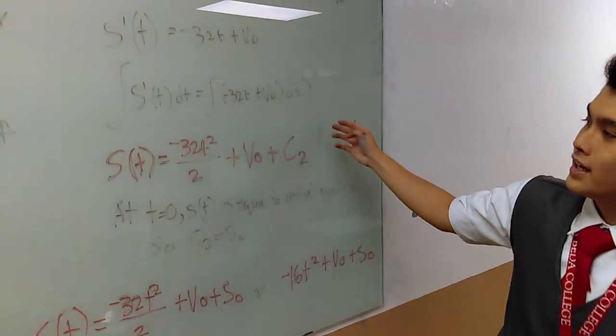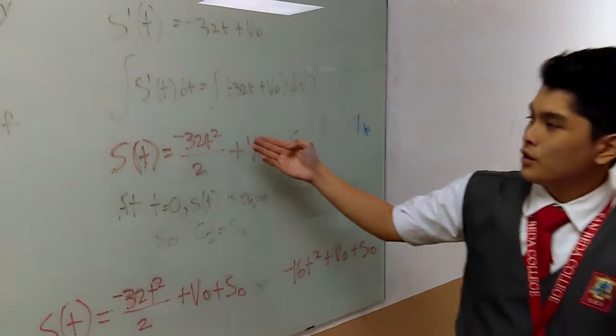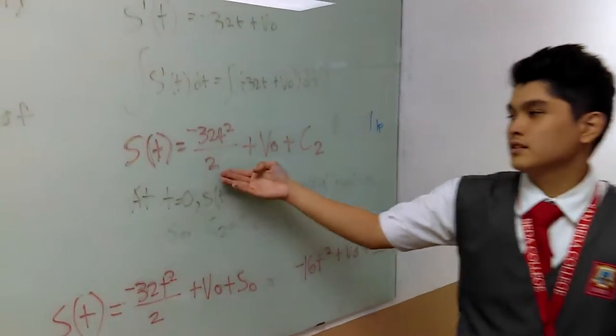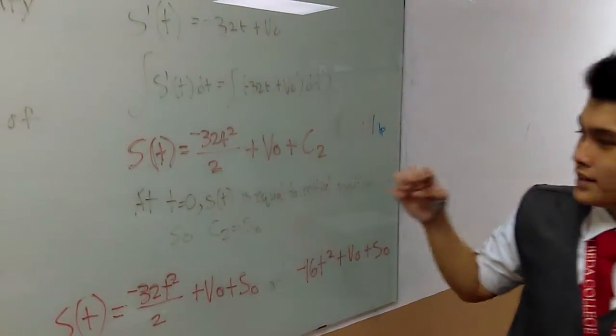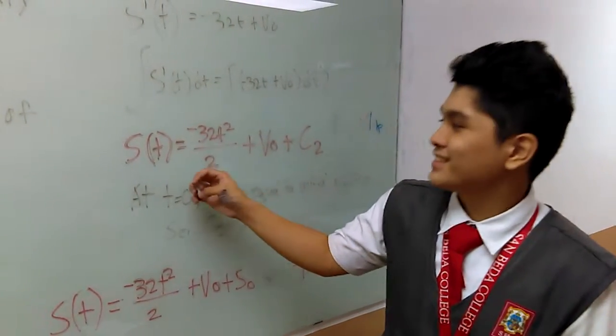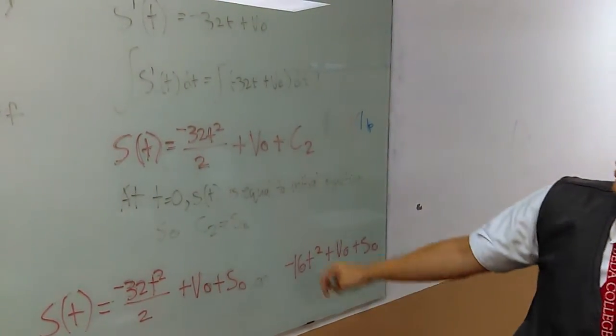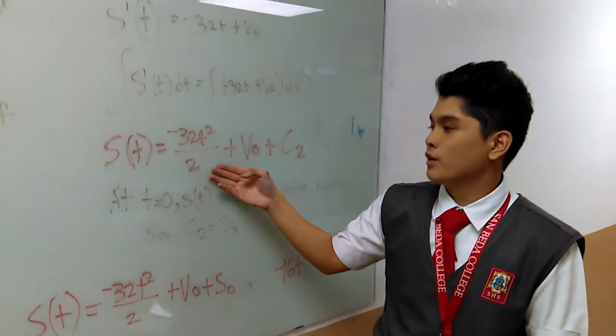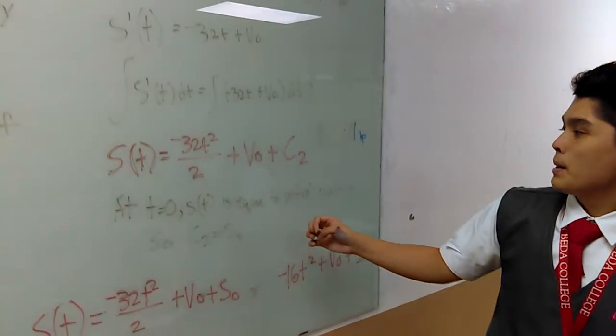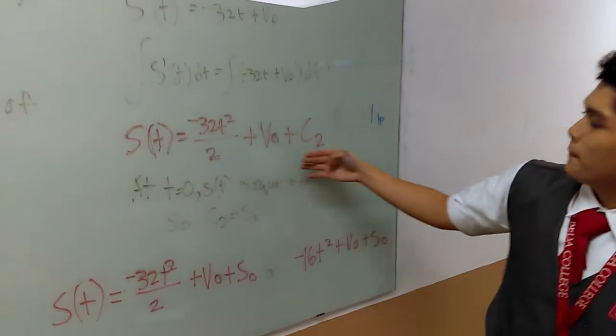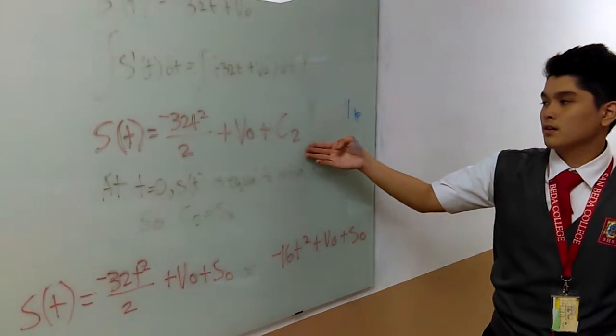Again, if we integrate both sides, we will result in this. The distance is equal to negative 32t squared over 2 plus the initial velocity times t plus constant sub 2.